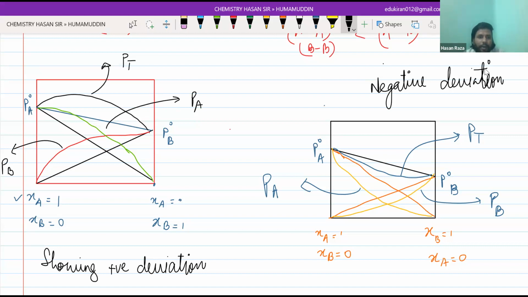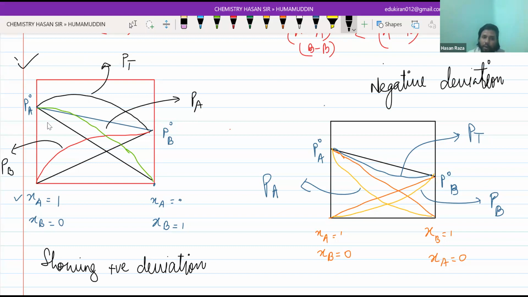Now, Humamuddin, are you there? Yes, sir. So, Humamuddin, this is the graph for positive deviation, which is basically a non-ideal solution in which after mixing the solute and solvent, the force of attraction decreases, and hence the vapor pressure increases.